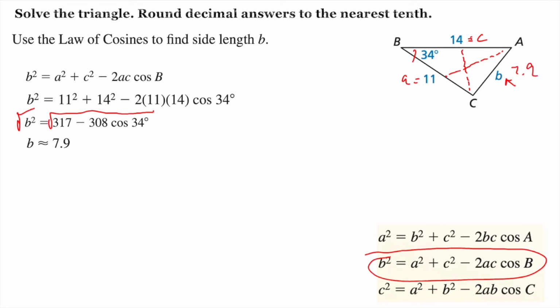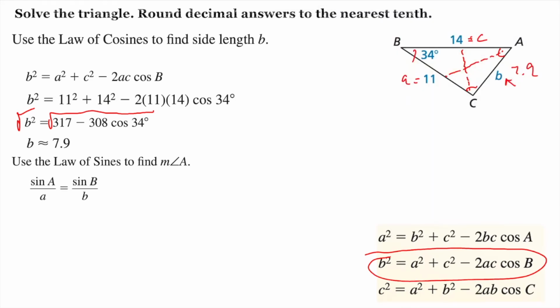Now we have a little more information left to get. I need angle C and angle A. But to make our lives a little bit easier, let's just use the law of sines, because I do have enough information now to use it.